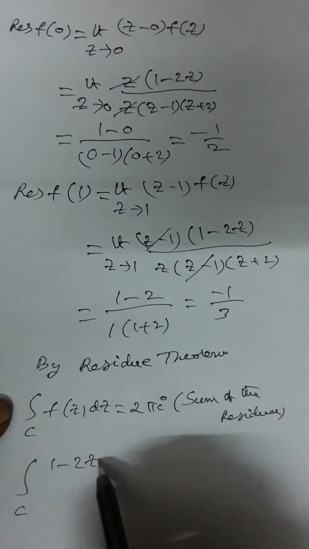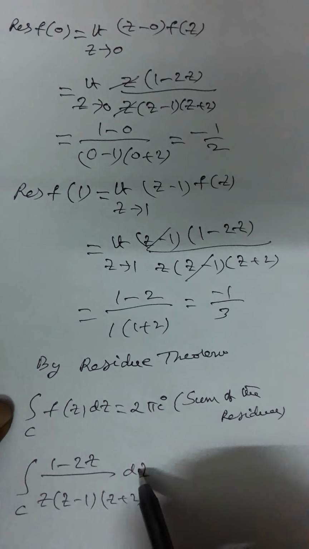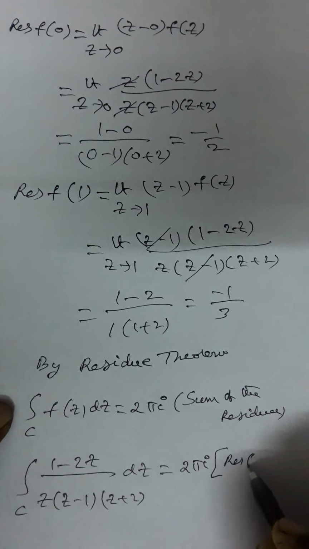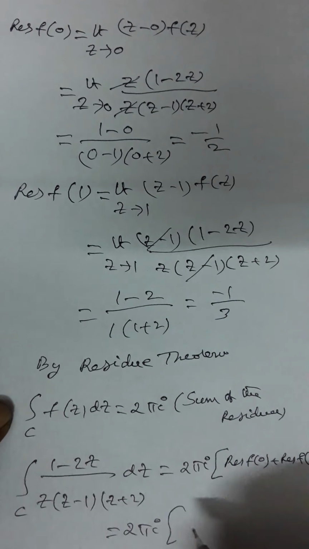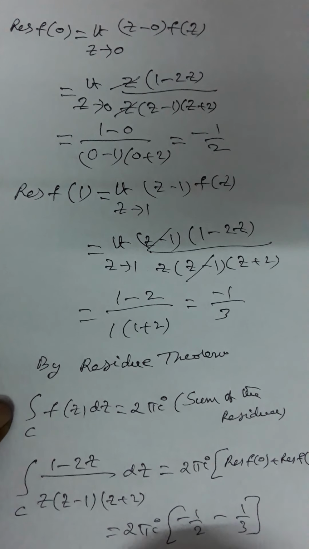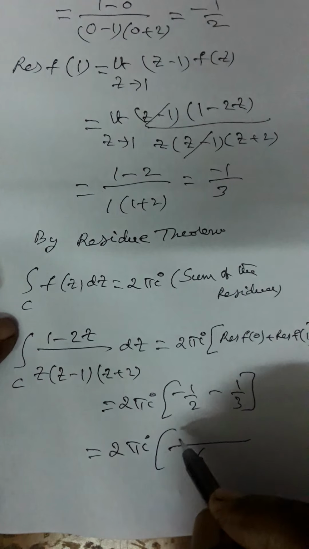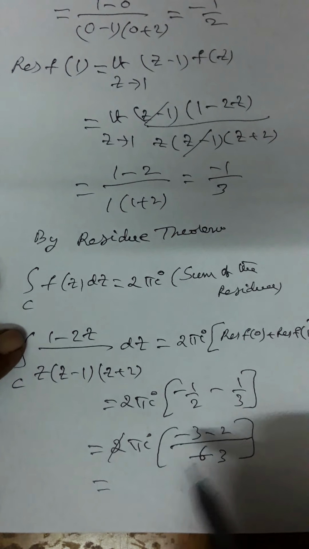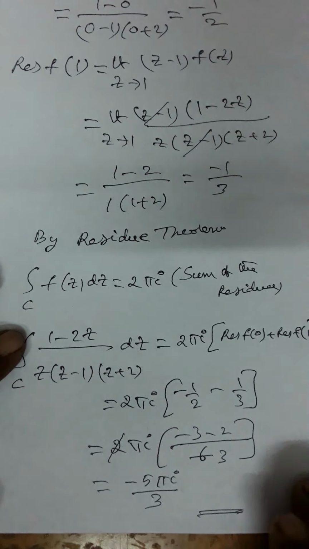Integral over C of (1 minus 2z) by z into (z minus 1) into (z plus 2) dz is equal to 2 pi i into residue f of 0 plus residue f of 1, is equal to 2 pi i into (minus 1 by 2 minus 1 by 3), 2 pi i into LCM 6, (minus 3 minus 2), so minus 5. 2 cancels here 3 times, minus 5 pi i by 3. This is your required answer.